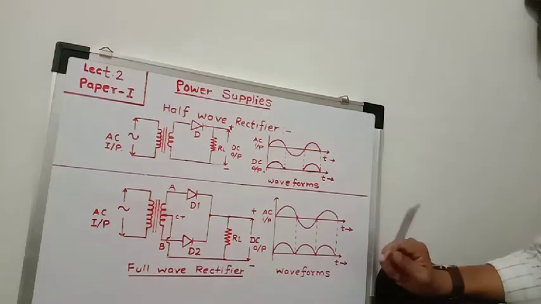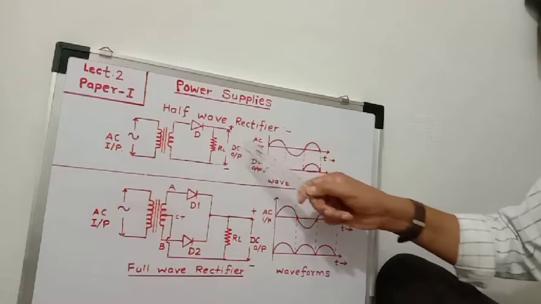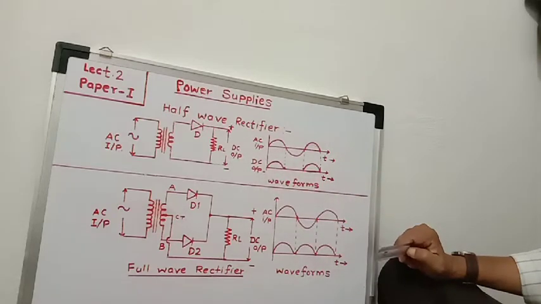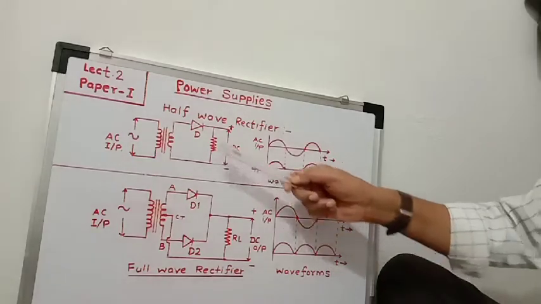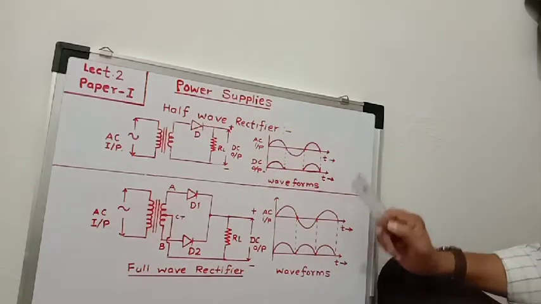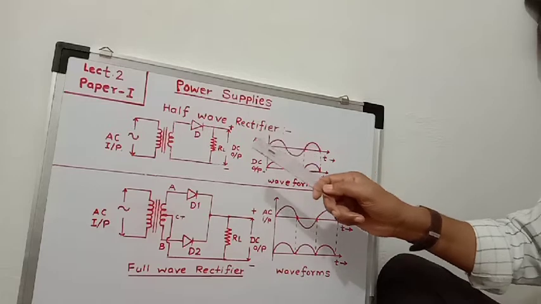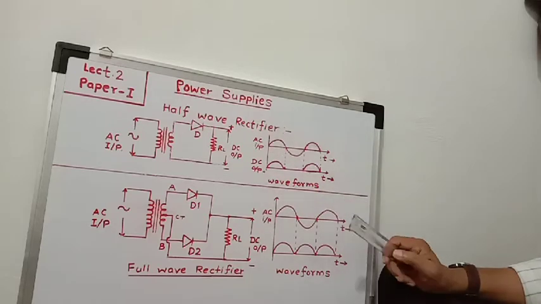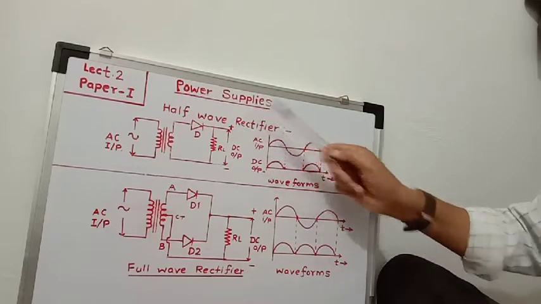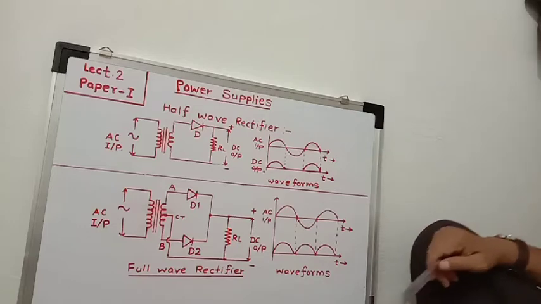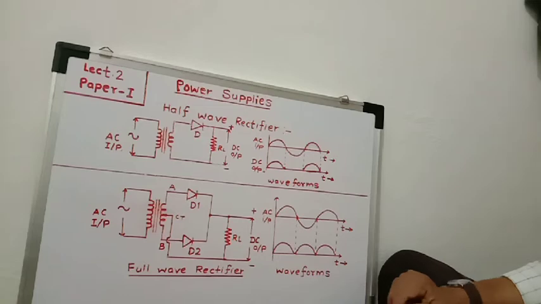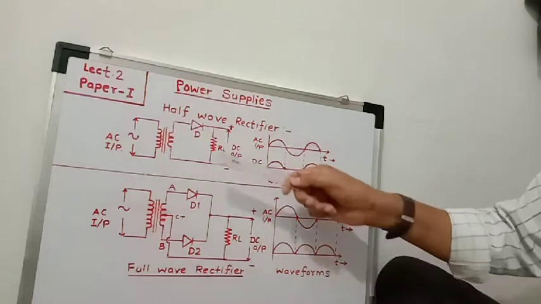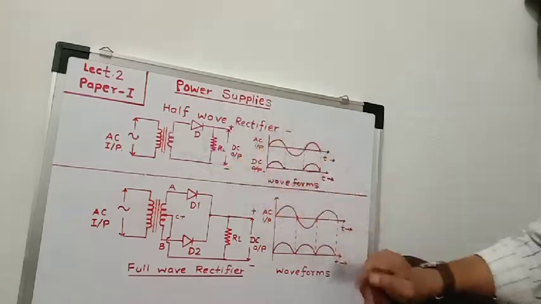Now, what is the average DC output voltage? The average DC output voltage is given by the formula VDC is equal to Vp upon pi. In case of the half wave rectifier circuit, the average DC output voltage VDC is equal to Vp upon pi, where Vp is the peak voltage, that is, 1.414 into Vrms.